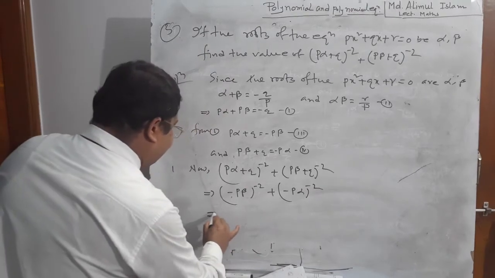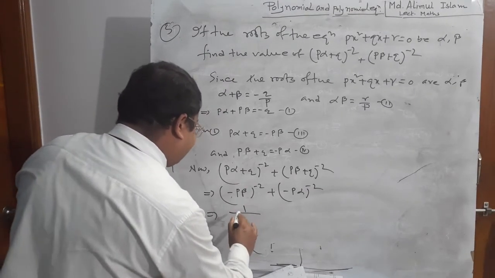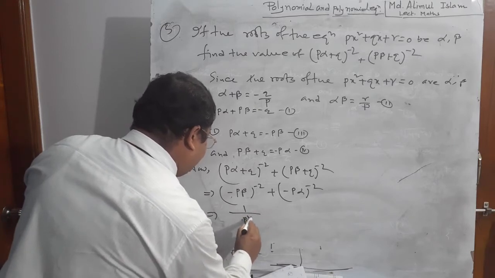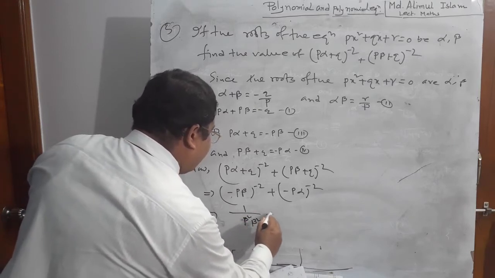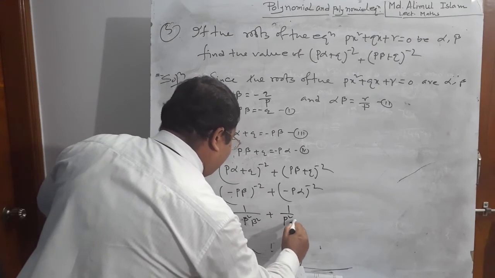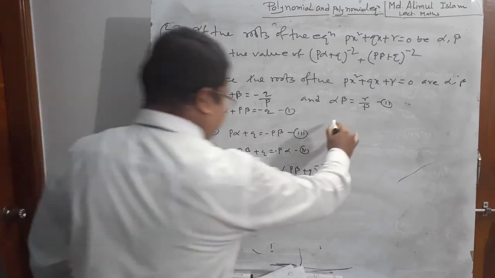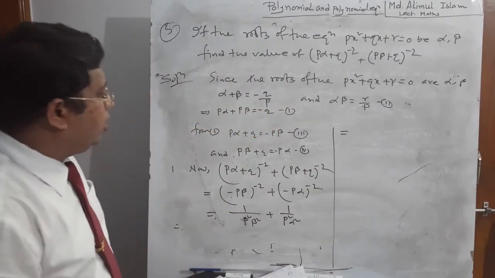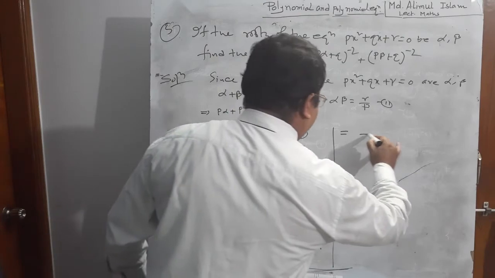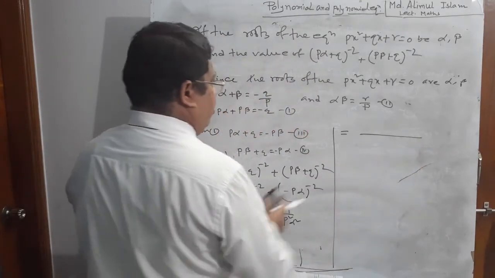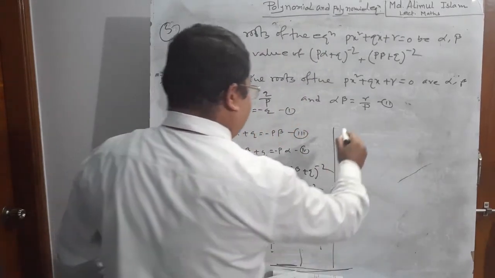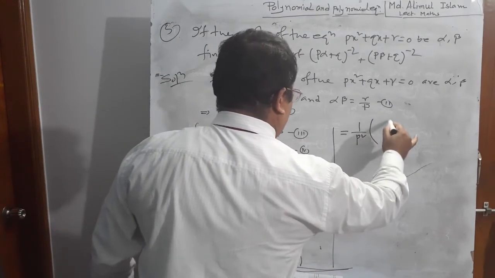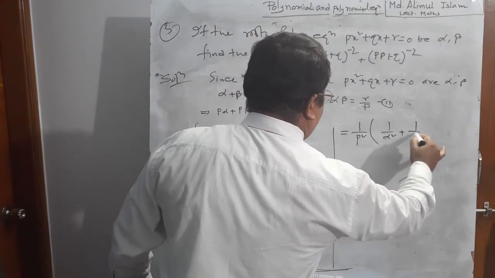You write here 1 by p²β² plus 1 by p²α². Then do the LCM. You can take p² common from both fractions. You get 1 by α² plus 1 by β².